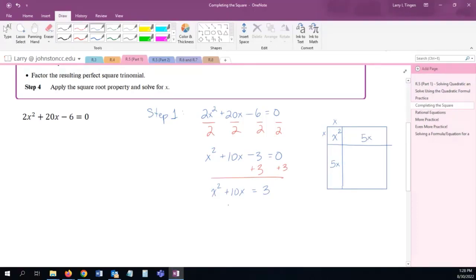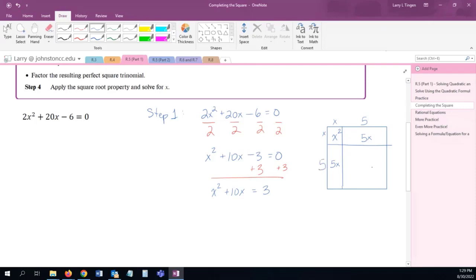If you get me a leading coefficient of 1 with a square term, plus the single power term with the coefficient, I have 3 of the 4 blocks of a perfect square. The only way this box has an area of 5x is if this is x and this is 5.